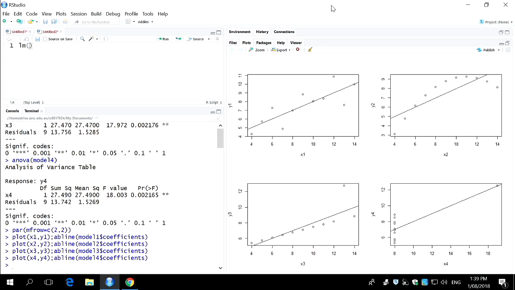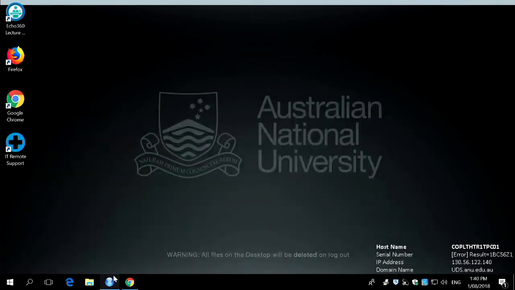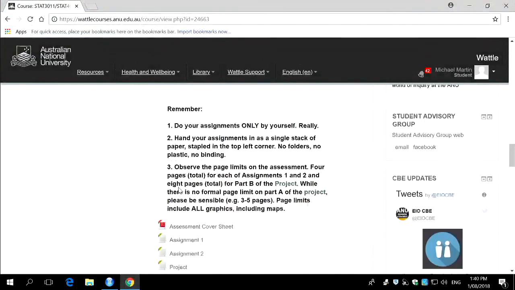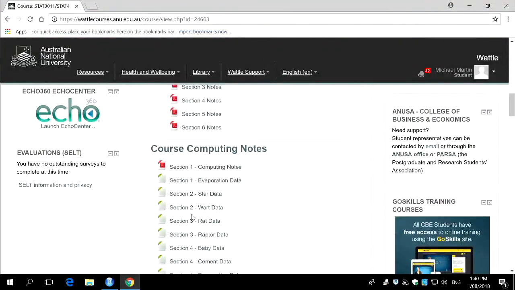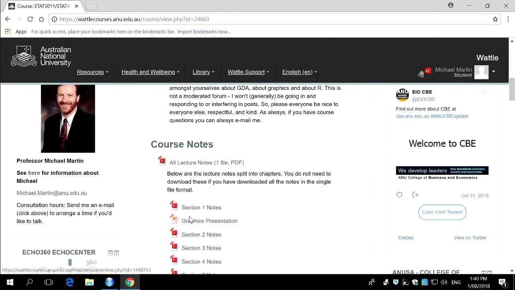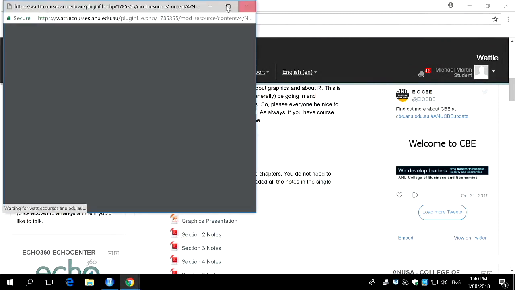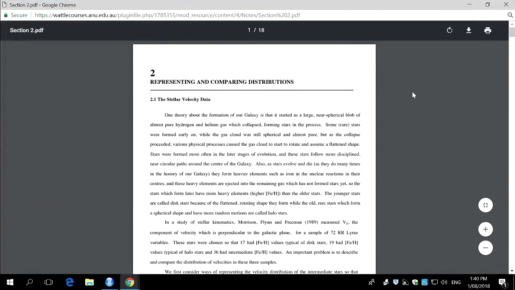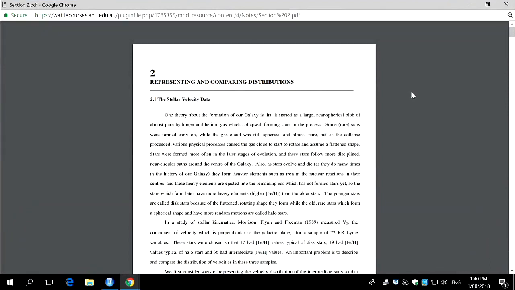Okay, so let's move and talk about, just going to dive back onto Waddle here. And I'm going to take you through the start of chapter 2. So every chapter is going to be like this. We're going to focus on a single data set, which we'll get very used to for a little while. Every data set has a story, and we're going to talk about the story.